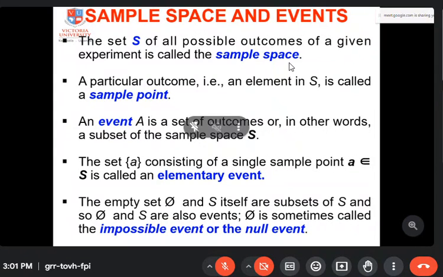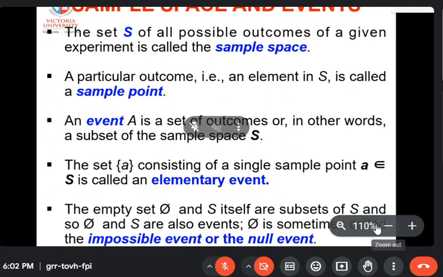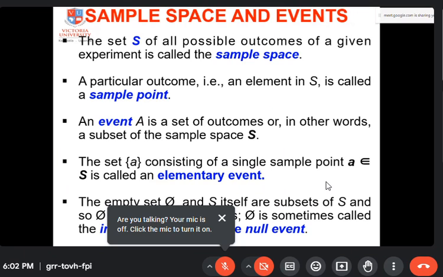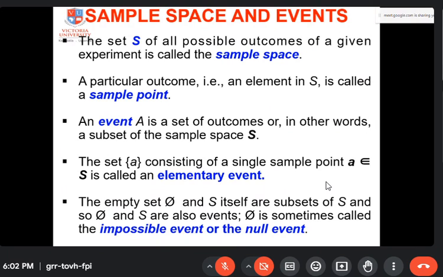Remember yesterday when we were talking about sets, we said that an empty set is a subset of every set. Then you remember an empty set is what we call the impossible event.